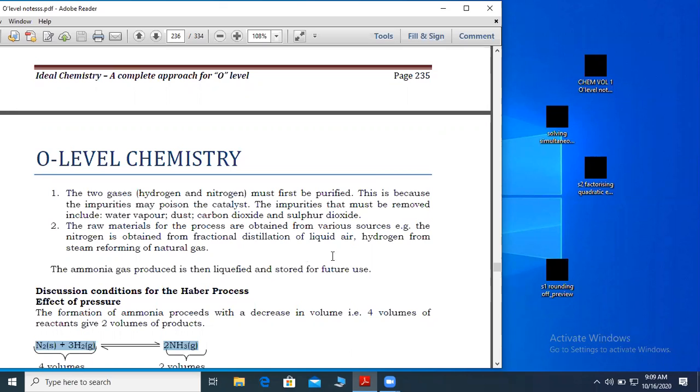Should be knowing in the head. Come on, save time. The conditions.